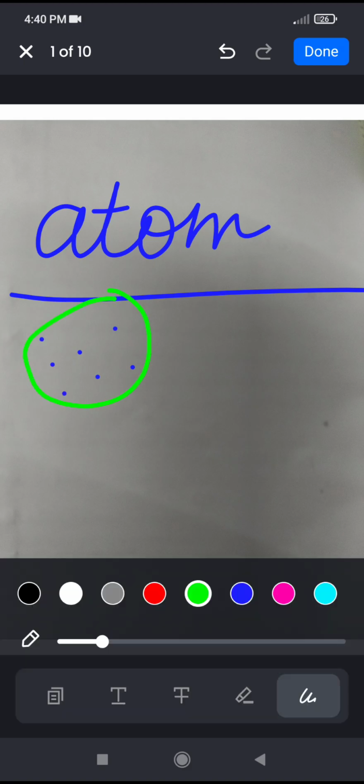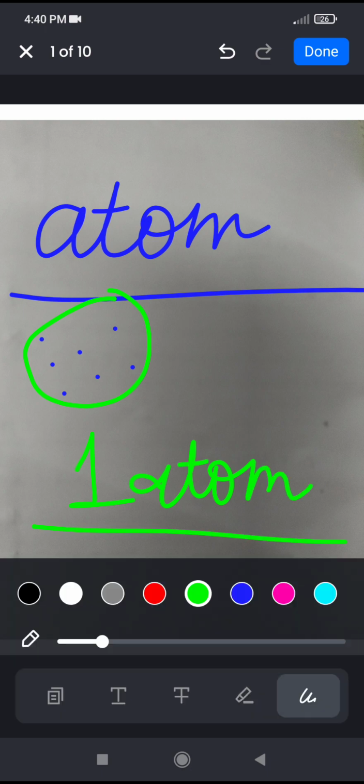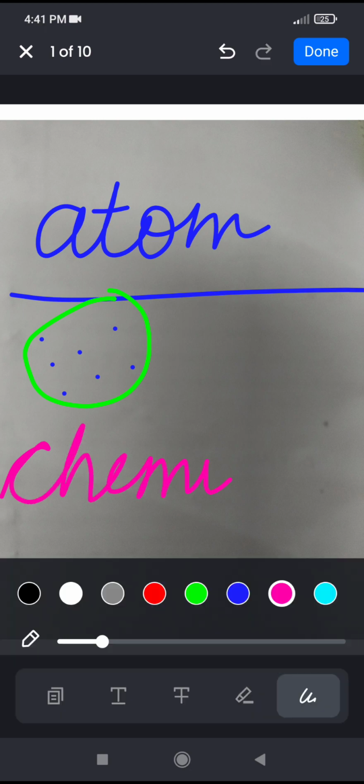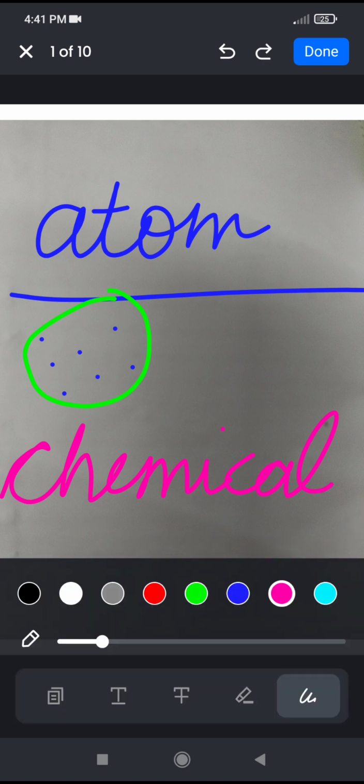These are atoms, and each element has one kind of atom. They can take part in chemical combinations.